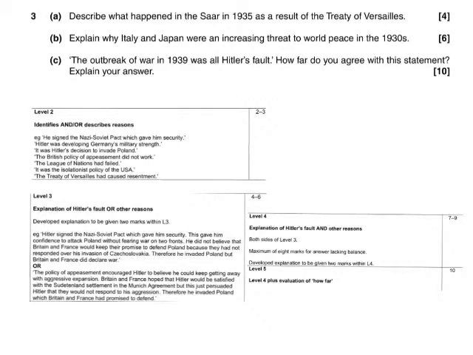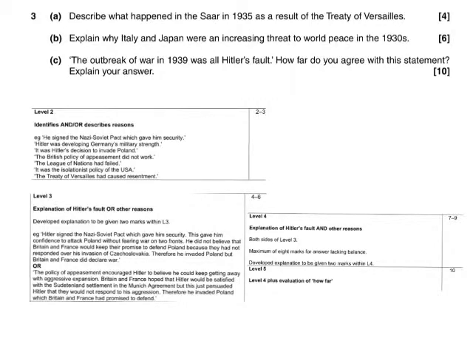But we've got either or here. We've got Hitler's fault or other reasons. So Hitler signed the Nazi-Soviet Pact, which gave him security. That's the same as this top one here. But you can see that the rest of this paragraph adds explanation.